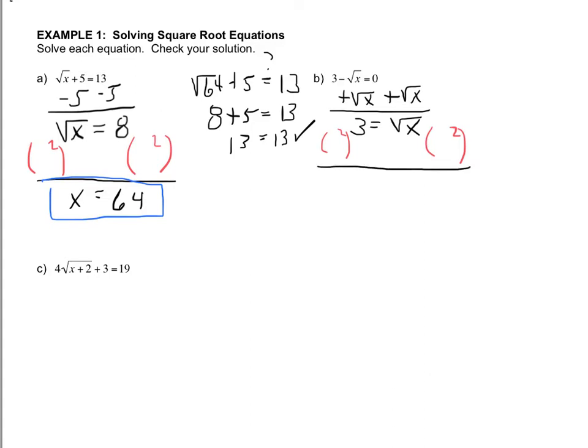That gets the x out from underneath the radical, and 3 squared is 9. When I do my check, back at the beginning, I say 3 minus the square root of 9 equals 0, and is that true? The square root of 9 is 3, and 3 minus 3 does equal 0, so we do have the right answer, and that tells us x equals 9.